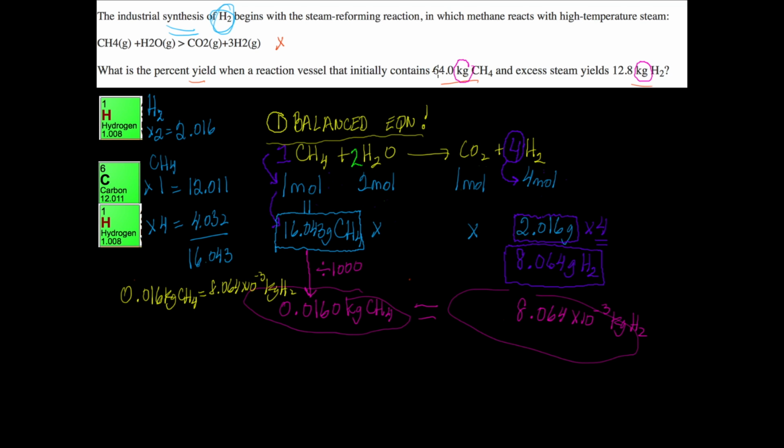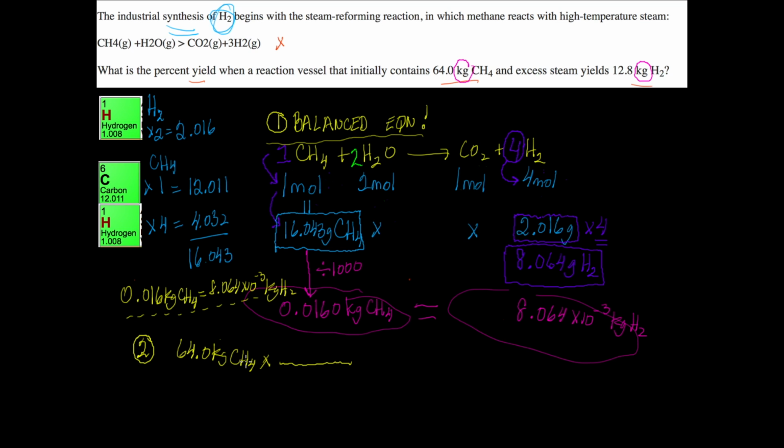Now, what we want to do is calculate the theoretical yield. This step right here would take quite a bit of work, but we've done all the work kind of vertically here. So what we have is 64 kilograms of CH4. And we're going to use this equivalency to set up the conversion.